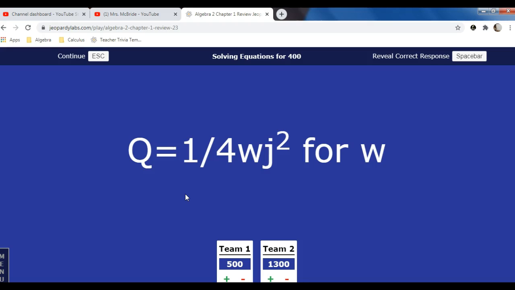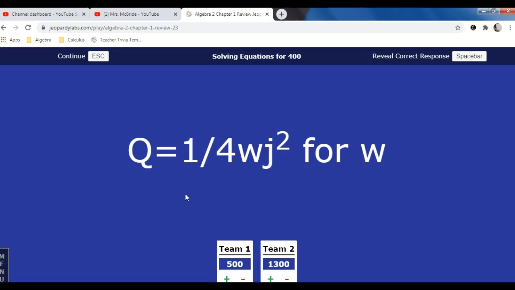Okay, here's my hint to both of you. You're on the right track. Don't lose the square. There's a square on the J. Keep going. So you want to get W alone. Divide it by J squared. How do you get rid of the 1/4?